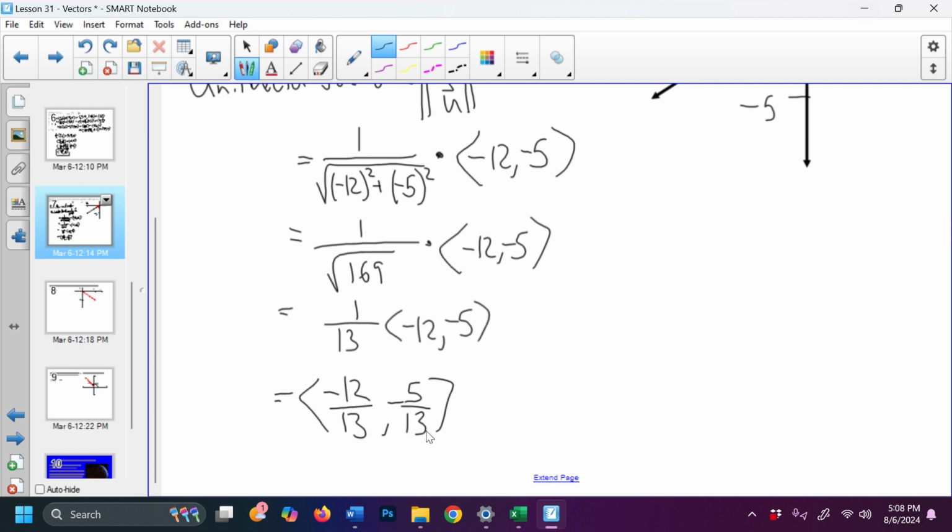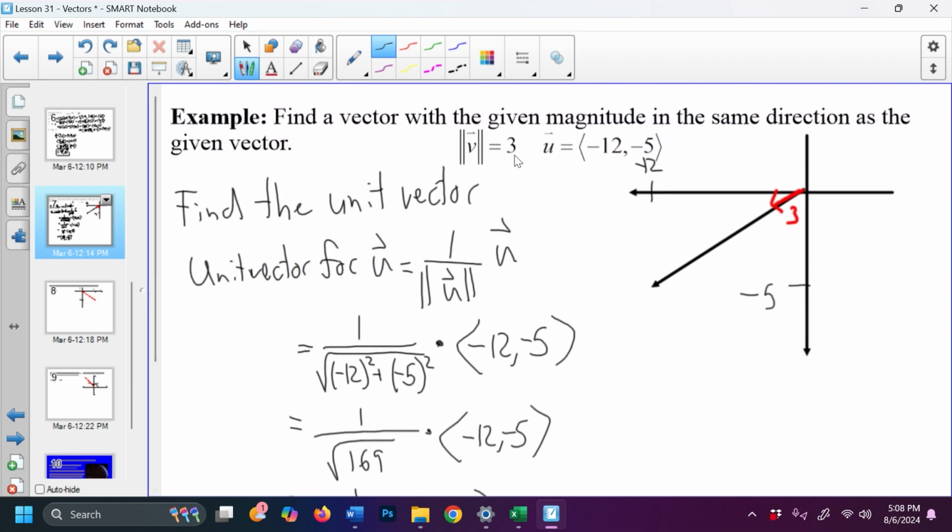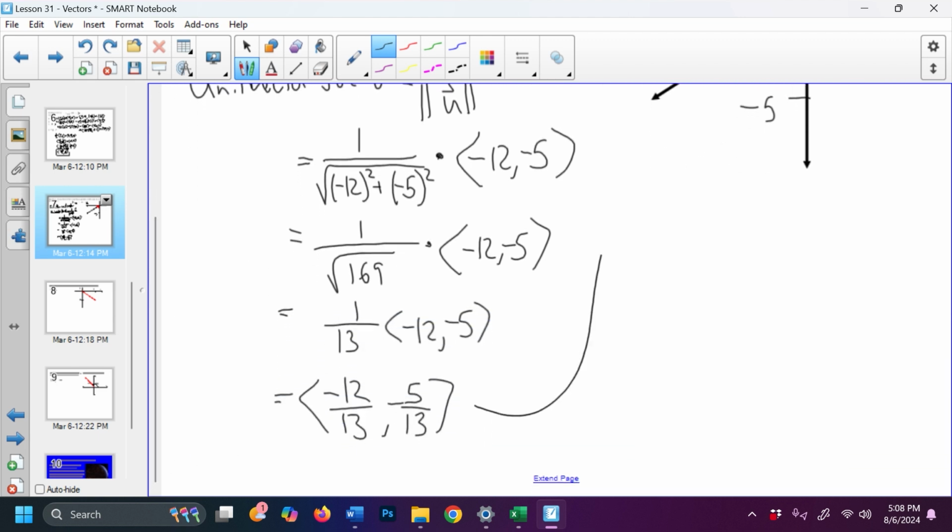Now, if you plug this into the magnitude formula, you would get a distance of 1. And since we want it to be a magnitude of 3, all we're going to do is take this and go 3 times this vector. So I got negative 12 over 13, comma, negative 5 over 13.